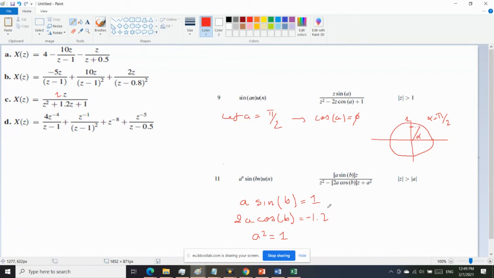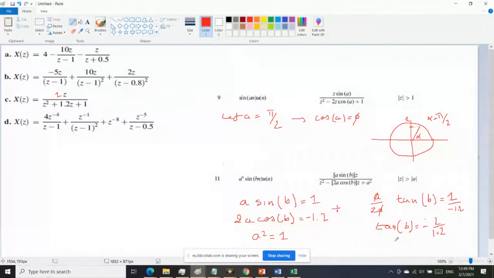Okay, so if we divide these, A over 2A, A cancels out. Tangent of B must equal 1 over minus 1.2, so tangent B equals, bringing the 2 here, minus 2 over 1.2.